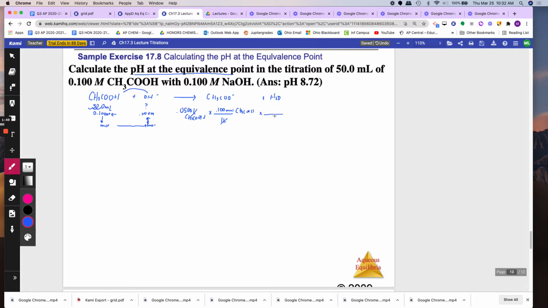I'm going to go across using the mole ratio. For every 1 mole of CH3COOH, I will need 1 mole of OH minus. Once I get that answer, this cancels here, and now I have moles of OH minus. I want volume, so I'm going to go one more step.